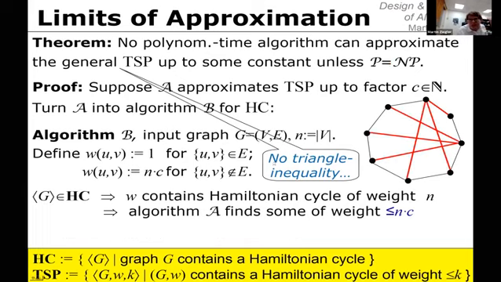To this end, observe that the edge weights our algorithm creates here completely disregard the triangle inequality, right? So the new edges it creates could be very expensive. For instance, going from here to here will be very expensive. Going all this way, this detour will only cost 3 edges, right? So this direct edge will cost n times c, and this detour will only cost 3 because it uses edges that are already present.